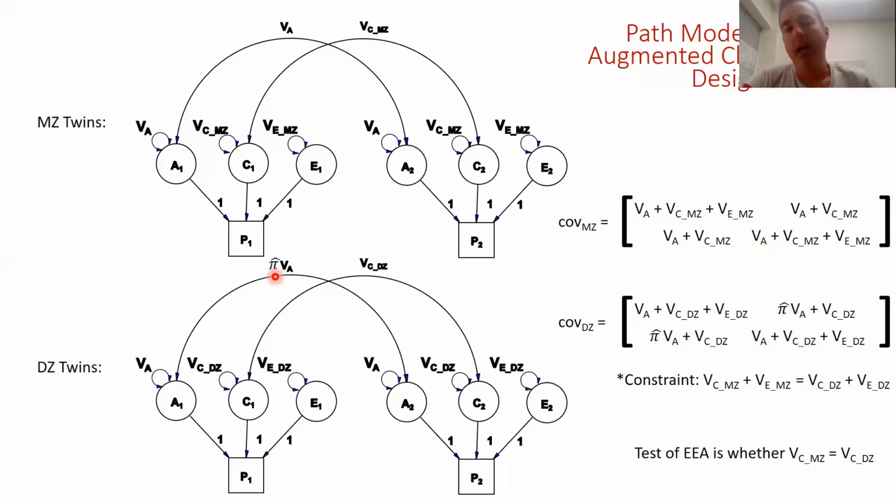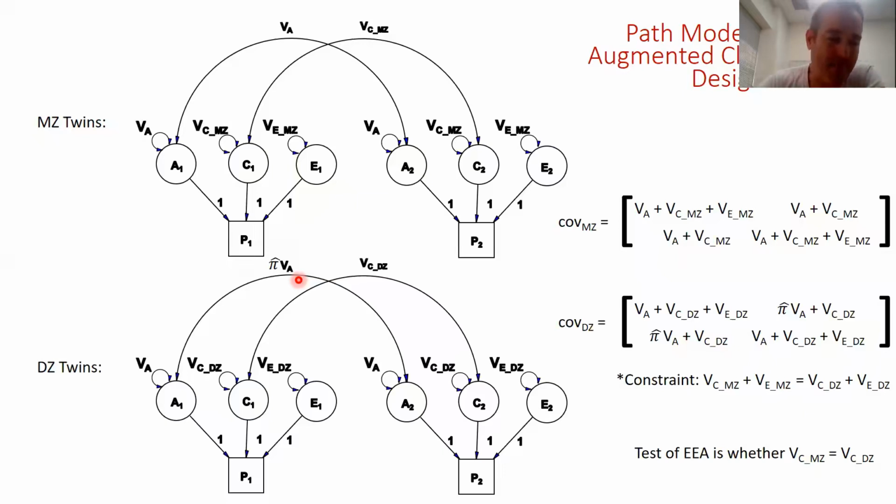The insight of this model is that by including pi hat in the expectation for the DZ pairs, it gives us information about VA and the heritability of the trait. And by doing so, that frees up a degree of freedom to do something else with.